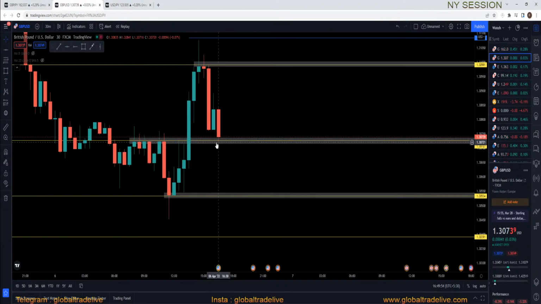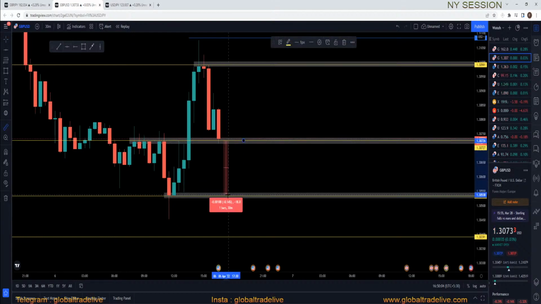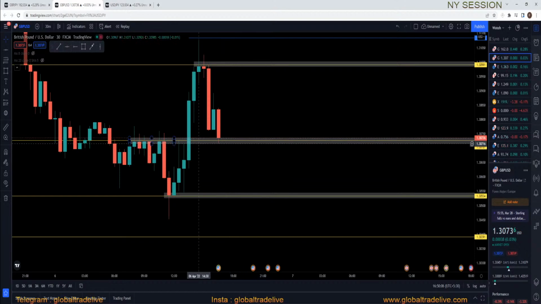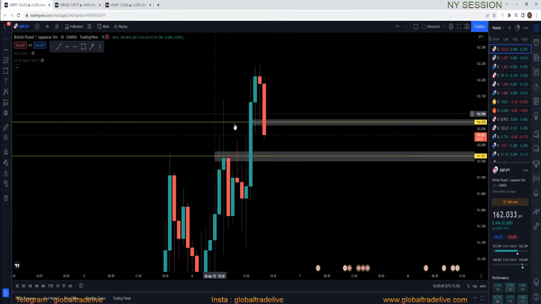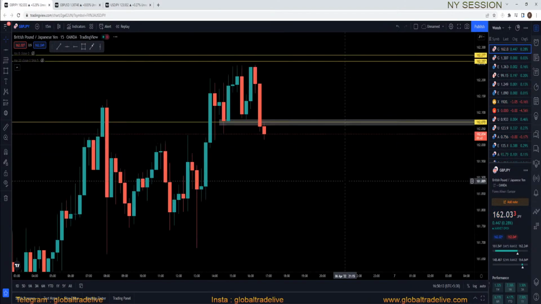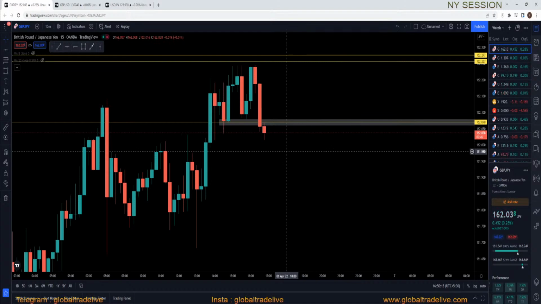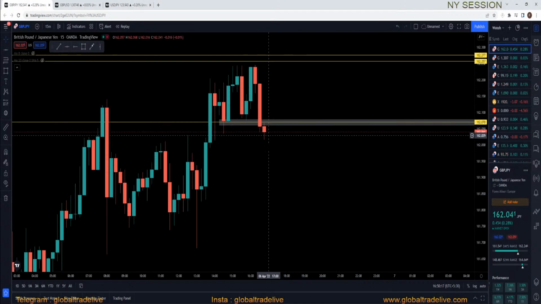Also look over here, GBP USD also stuck at this point. To move down, it has to close below this area, so that the next candle can wake up in this area and move down. Let's see how this candle moves.